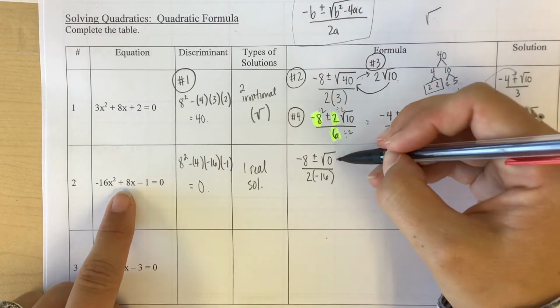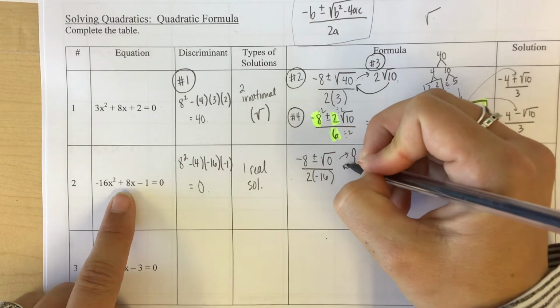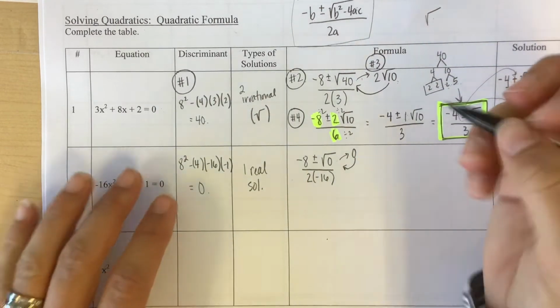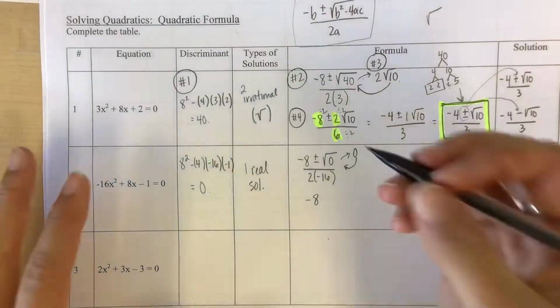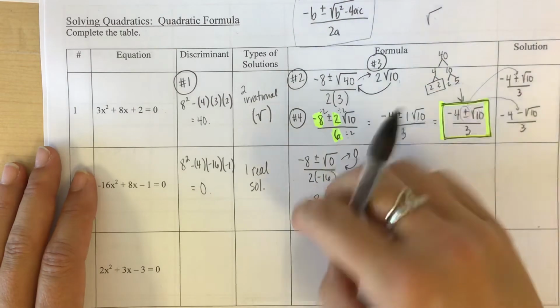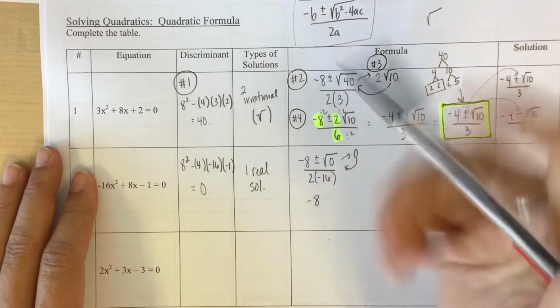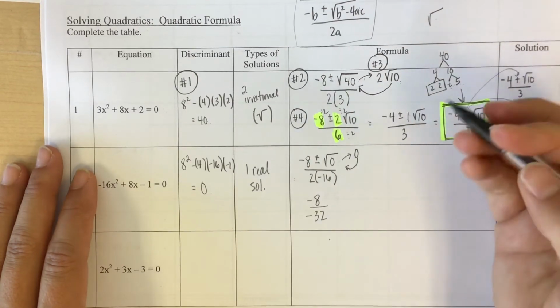Step 3 is to simplify our radical. Well, square root of 0 is just 0, right? So if I plug that in, I'm going to have negative 8. Now, plus or minus 0, I don't really have to write that, right? Because plus or minus 0, it's just still going to be negative 8. So there's no need to write that plus or minus 0. And then on the bottom would be negative 32.